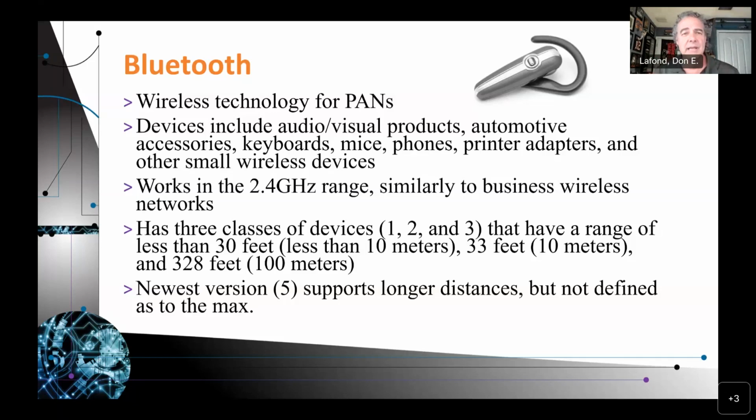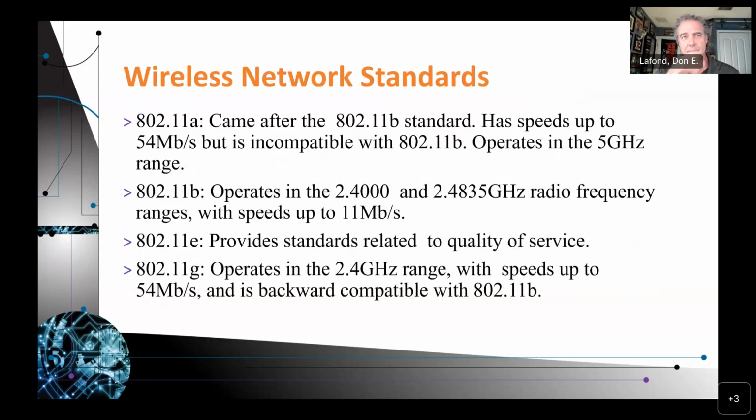They probably are class 1, although you might be able to find them in class 2. 30 feet is becoming more popular. I can get about 30 feet away from my Bluetooth speaker with my phone, and then it starts breaking up. Breaking up is losing the signal. It's digital, so you either have it or you don't have it. The newest version, 5, supports longer distance, but they're not defined as to the max yet.